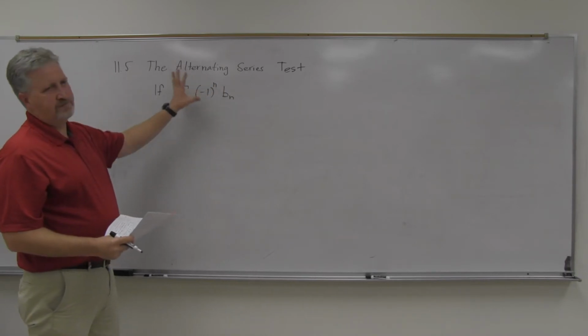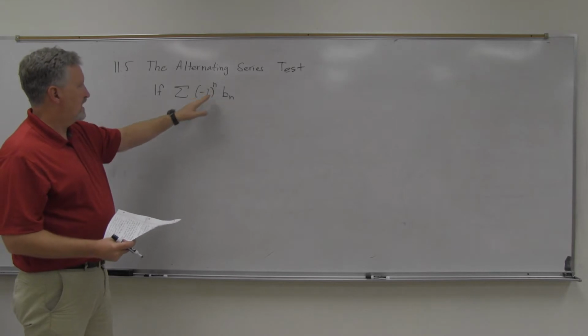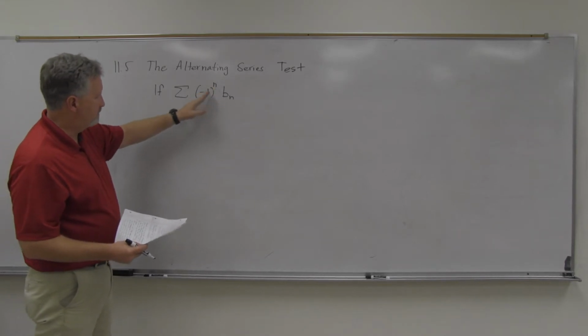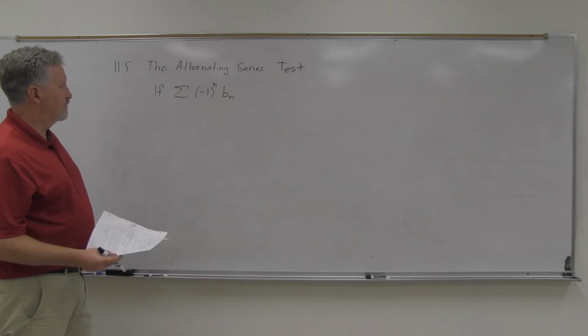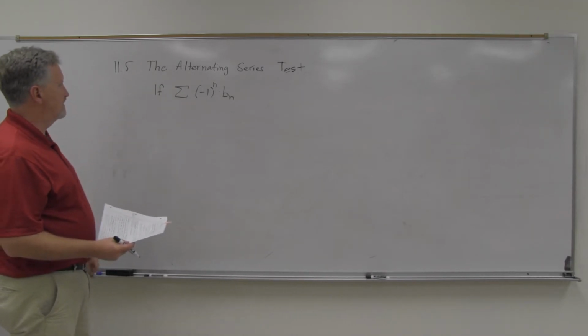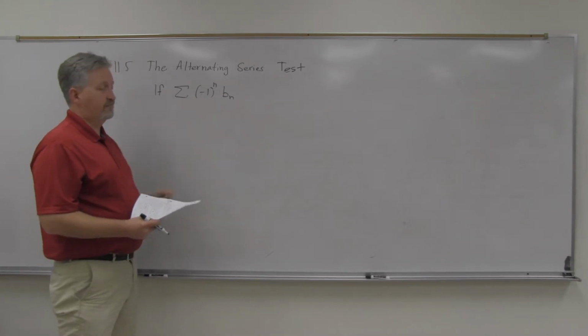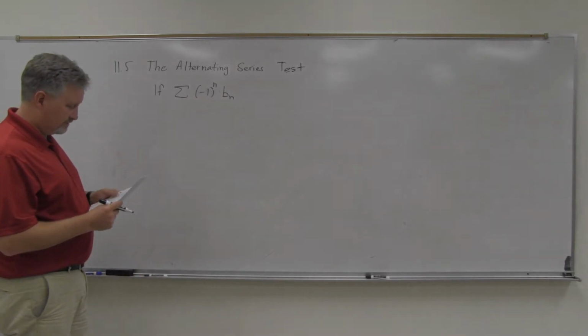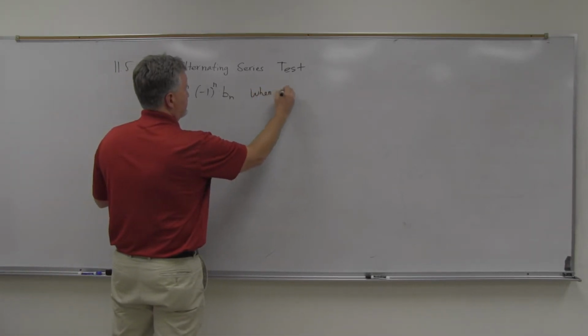So you kind of break out the alternating signs part with this, and it doesn't have to be -1 to the n. It could be -1 to the n plus 1. So this is just a generic form. There can be slight variations, but anyway, if you've got this alternating series, that -1 to the n part, of course, makes it alternating, where your b sub n is greater than 0.